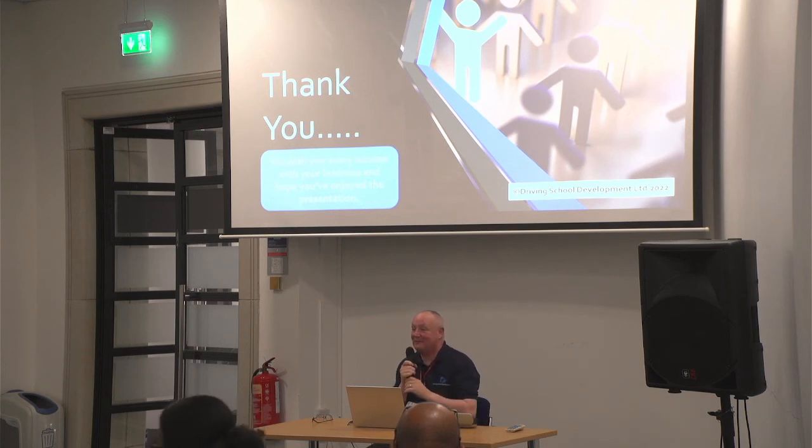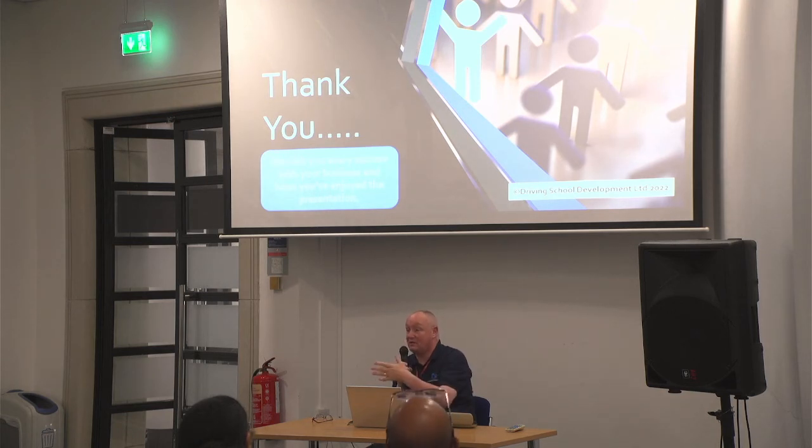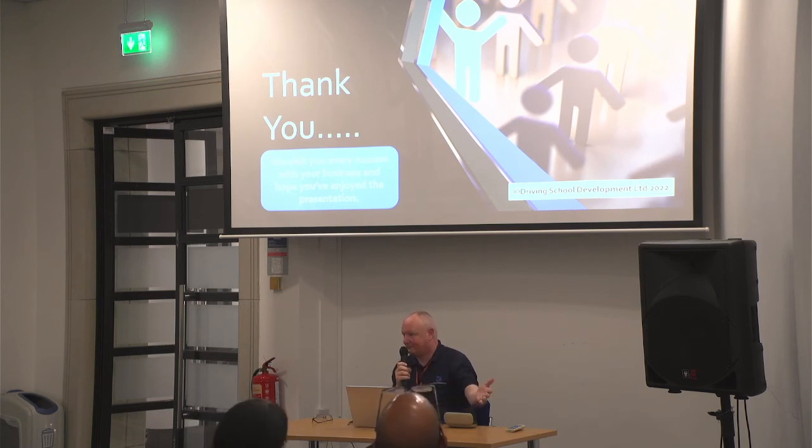Gentleman at the back. Yeah, on your first slide it said 50% of your outgoings, not your income. Yeah, your business outgoings. So if your business outgoings totaled £1,000, if you were to put £500 in a bank account per month, by the time the tax bill's due, you're going to have the money there.